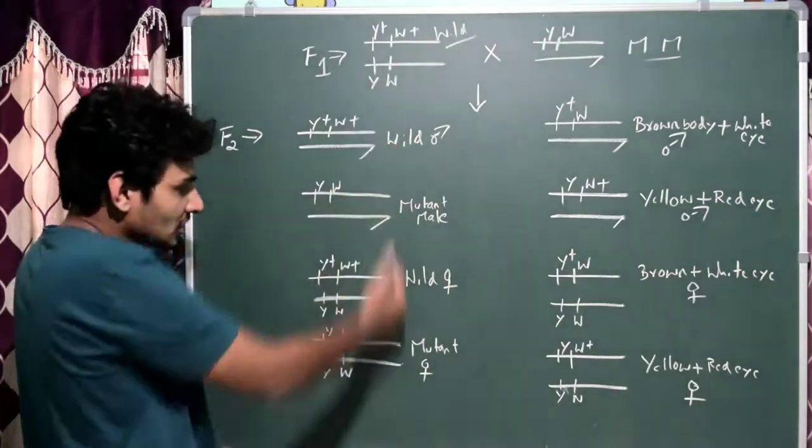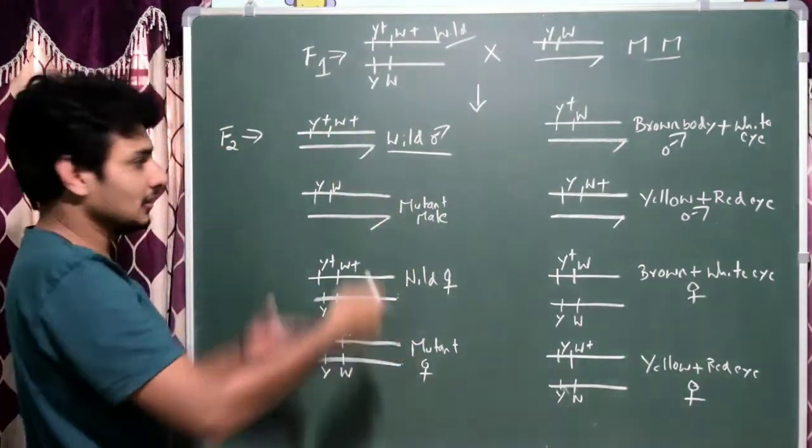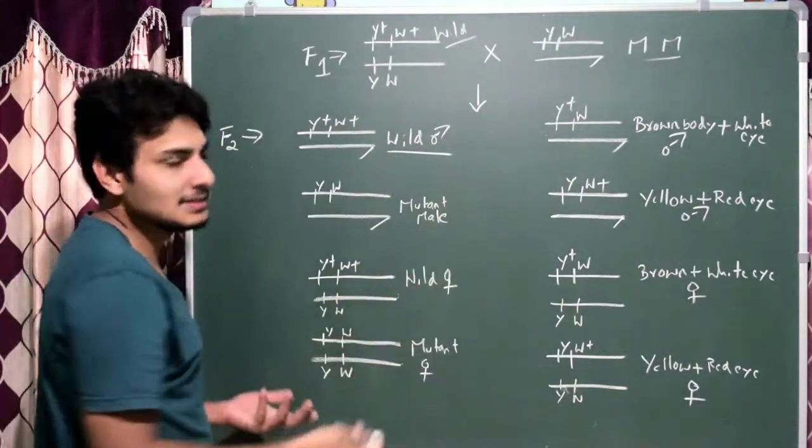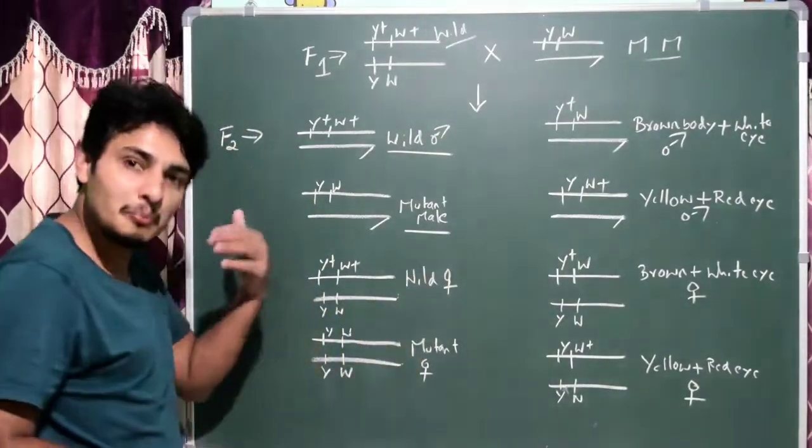You could see the wild male in the F2 is nothing but the parental type itself, whereas the mutant male is also parental type.